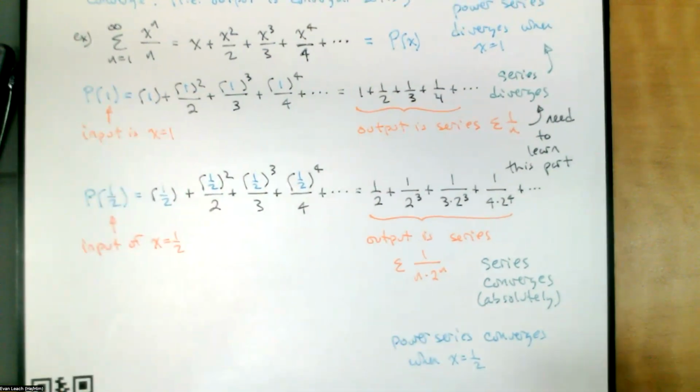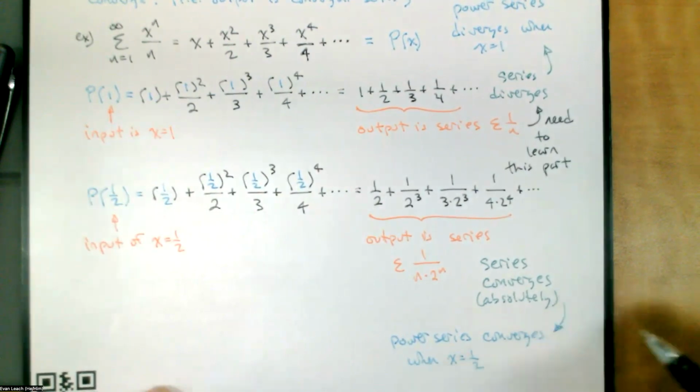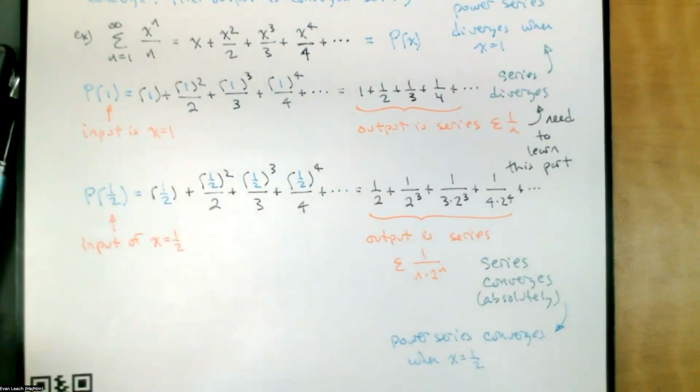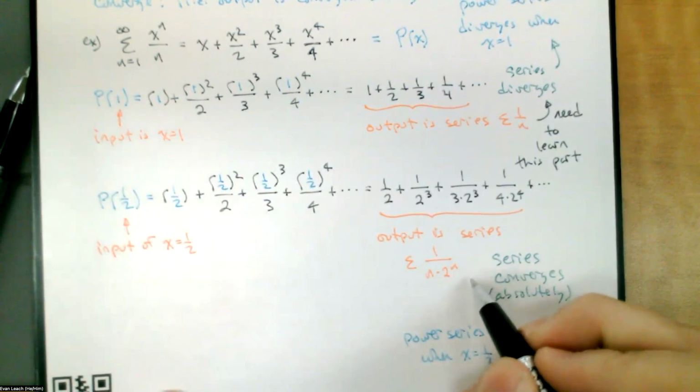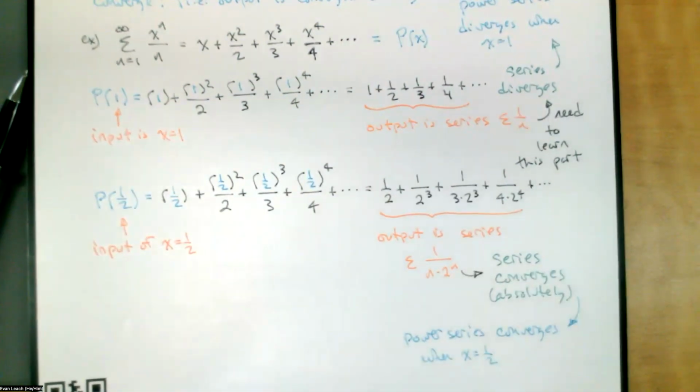So because the series converges, that allows us to conclude that the power series converges when x equals 1/2. We still don't know this part, how we know that this series converges absolutely just by looking at it. That's our goal.